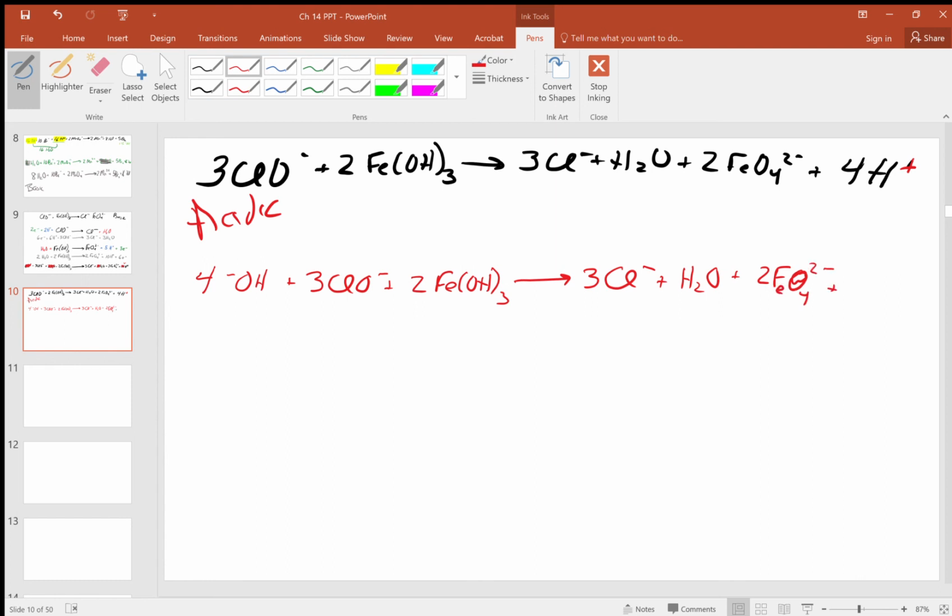And remember, those 4 hydroxides are going to combine with the 4H⁺ to form 4 water molecules. Now we already have 1 water on that side, so we can just get rid of this and combine it with the one that was already there. And now we have this successfully balanced under basic conditions.